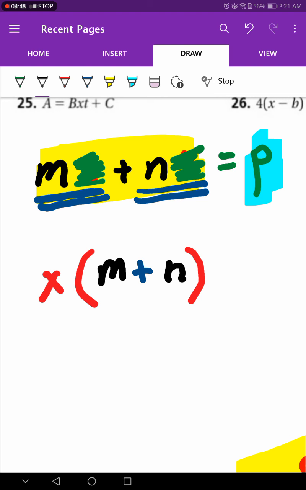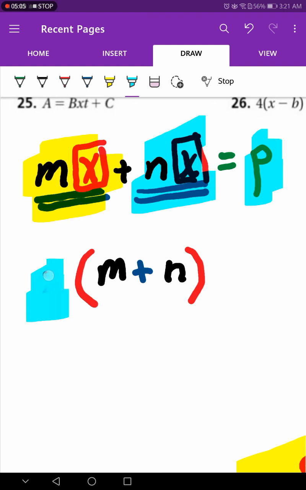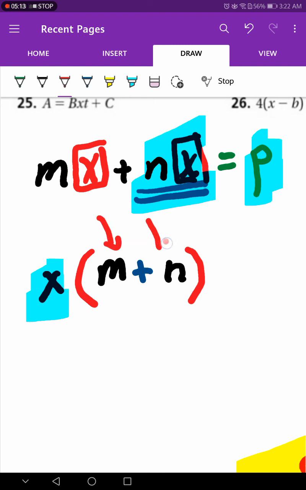You bring out the common factor between the first term and the second term and write it here. And what is left, you write it inside the parentheses. Okay, it is a very important skill.